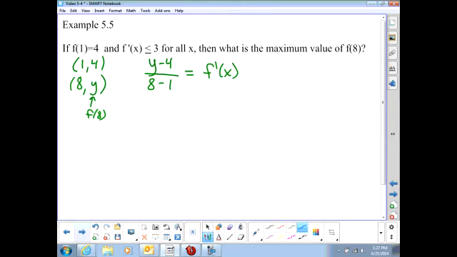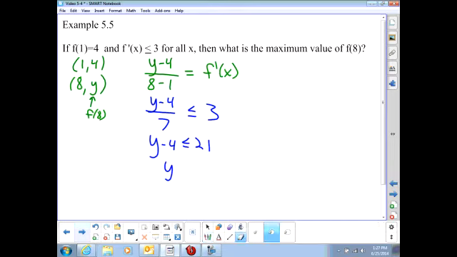But we know our derivative must be less than or equal to 3, so we really know (y minus 4) over 7 must be less than or equal to 3. Same idea as before, multiply both sides by 7. Add the 4 over. And actually, I'm going to switch this y back to f of 8.